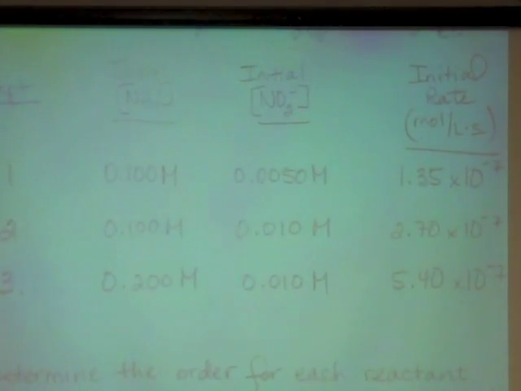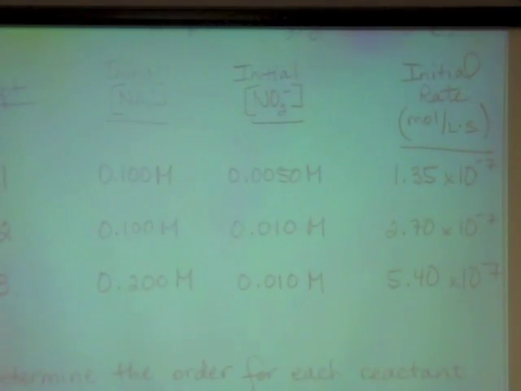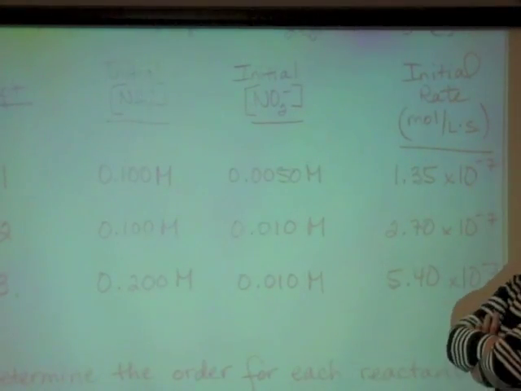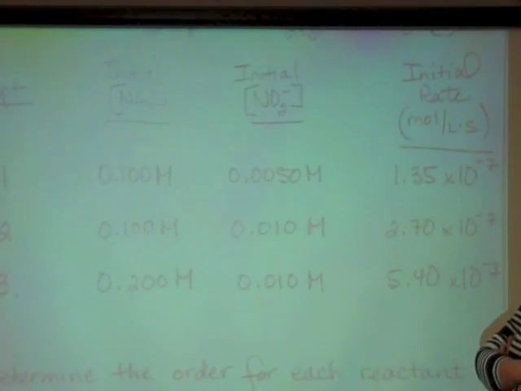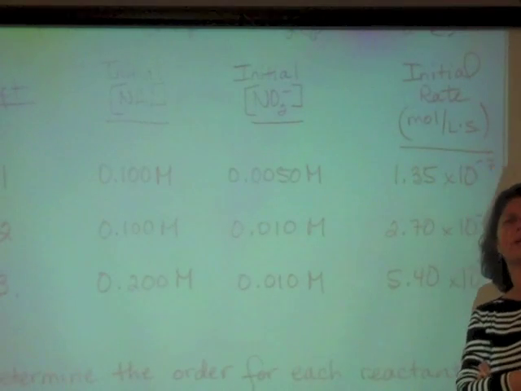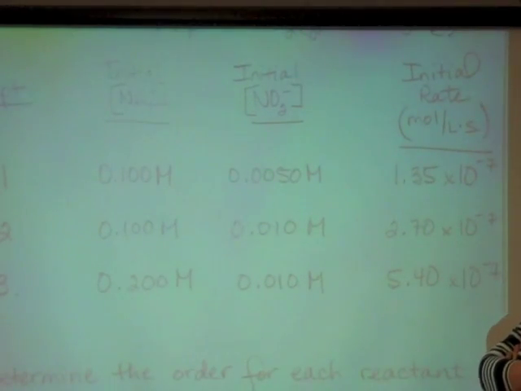Now, the order of each reactant. I'm going to show you a mathematical way of doing this on the board, but for now, let's just look at this data. The order of the reactant refers to what happens as you change the concentration of that reactant. How does it affect the overall rate of the reaction?